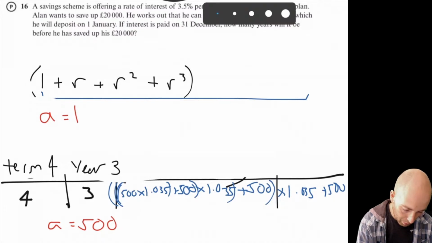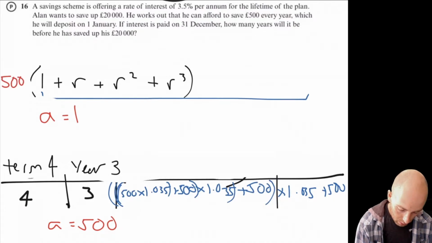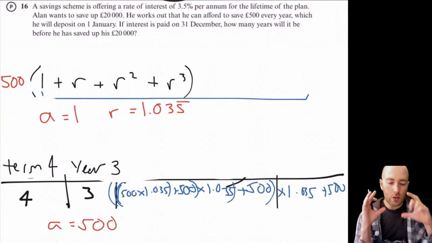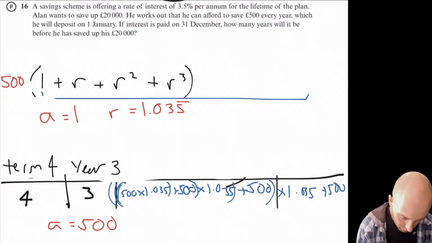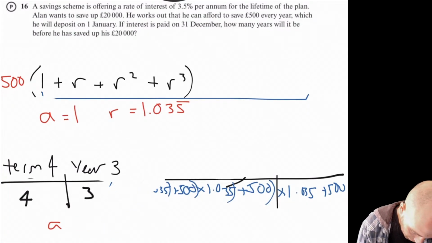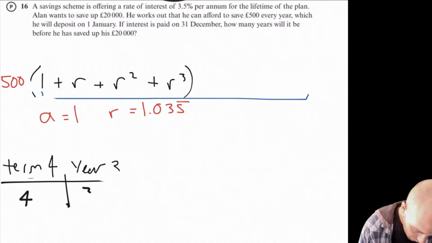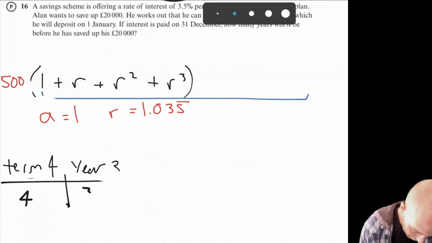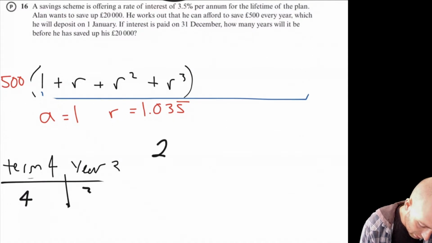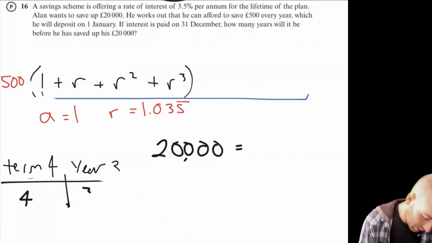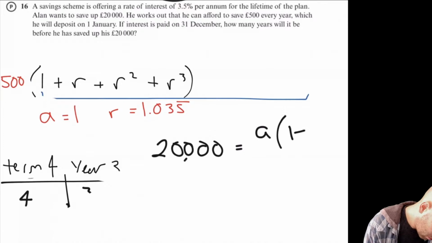Maybe I shouldn't have used A there. Maybe instead of A I put back in 500. And then r is going to be 1.035. And the whole series is going to be times by 500. So if I want to sort this out, we want to try and save up to 20,000. So 20,000 equals the sum of the geometric series. So that's a 1 minus r to the n over 1 minus r.